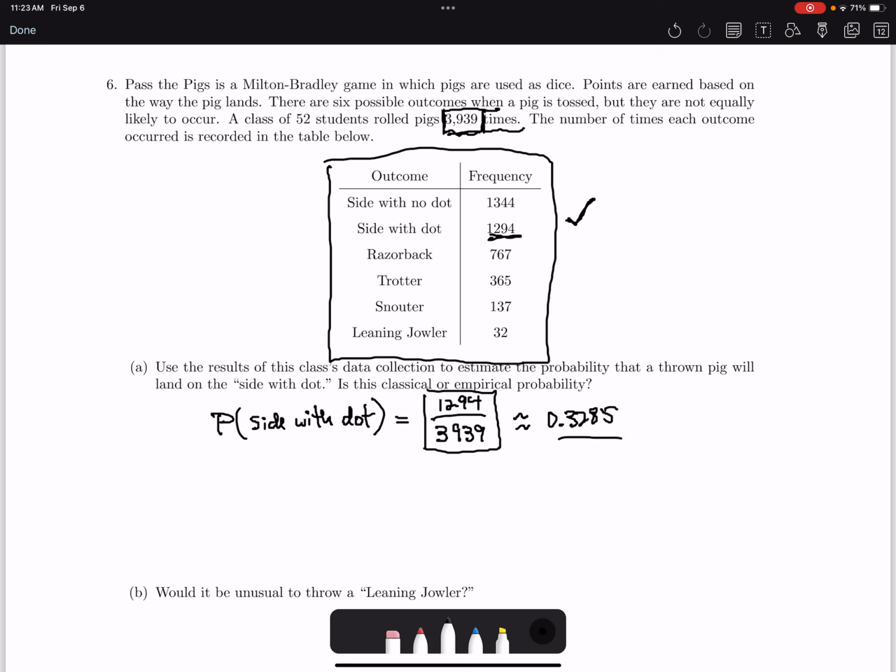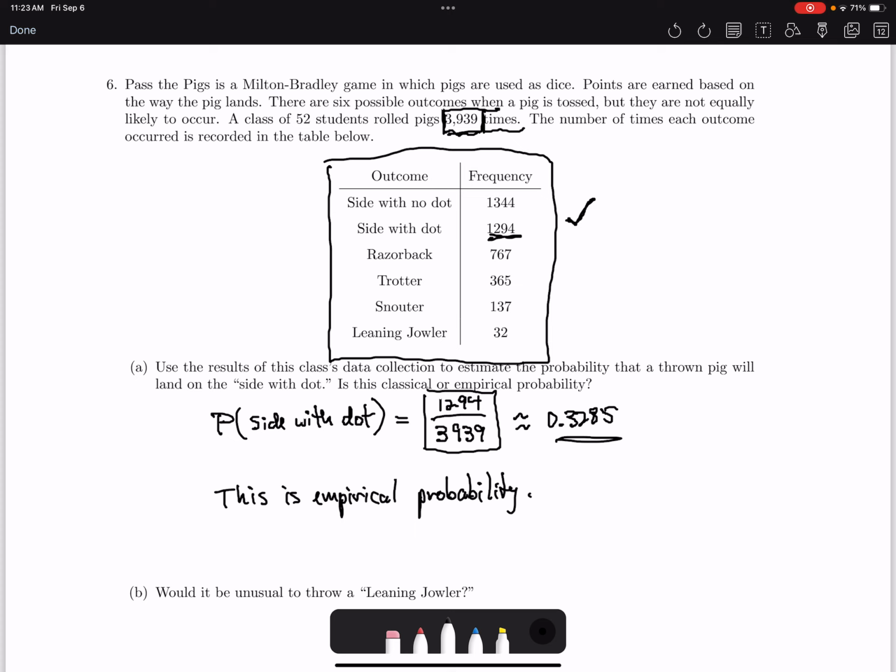So this is the probability of the pig landing on the side with the dot on it. We're asked, is this classical or empirical probability? And the answer is, this is empirical probability. Okay, because we're using the results of this experiment.